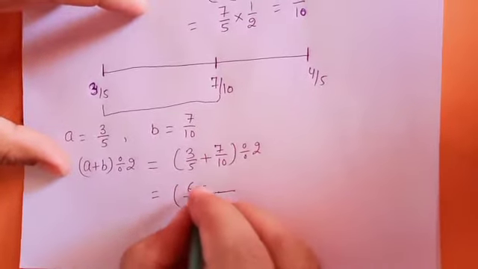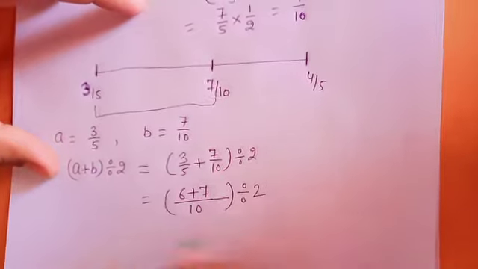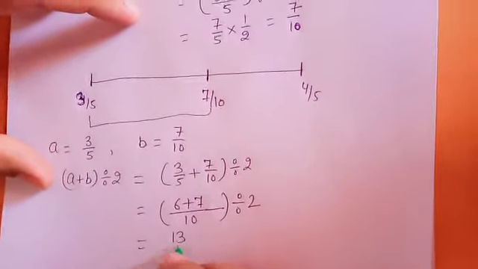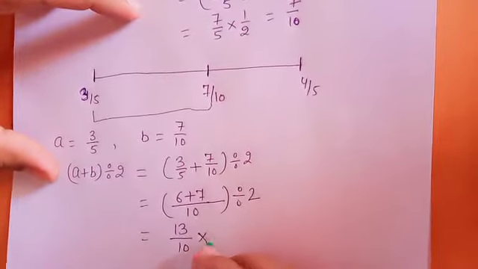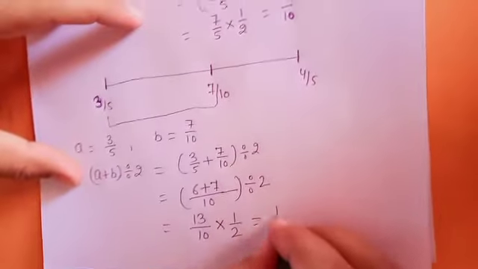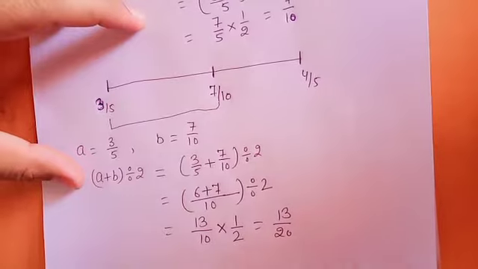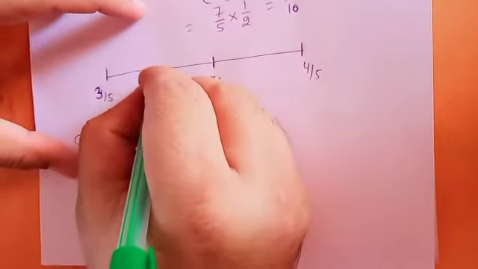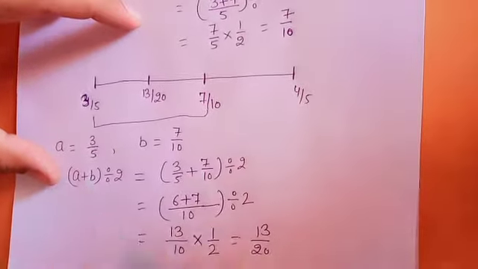This is 6 plus 7 over 10, divided by 2. So this becomes 13 by 10. If you change division into multiplication, this becomes 1 by 2, equal to 13 by 20. This 13 by 20 is lying between these two.